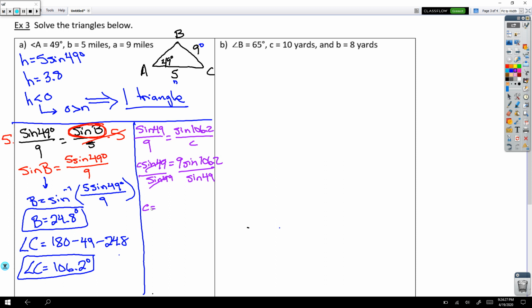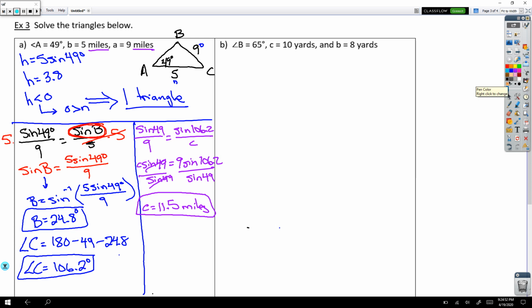Punching all that into your calculator, again, make sure you're in degree mode, but side C would equal 11.5, and in this case, miles. Alright, so that is when we're dealing with one triangle with the ambiguous case.